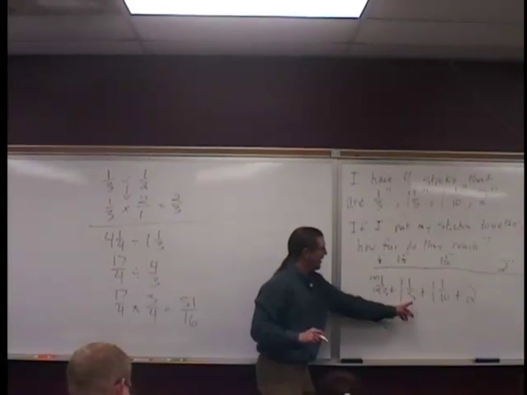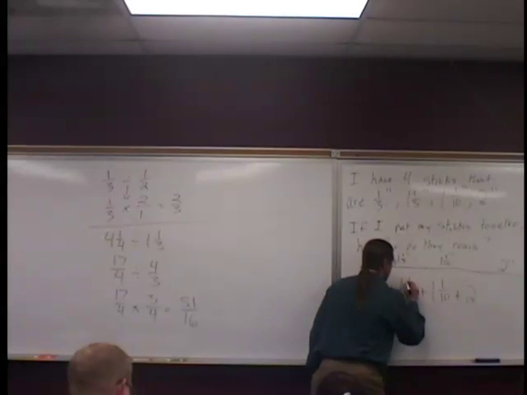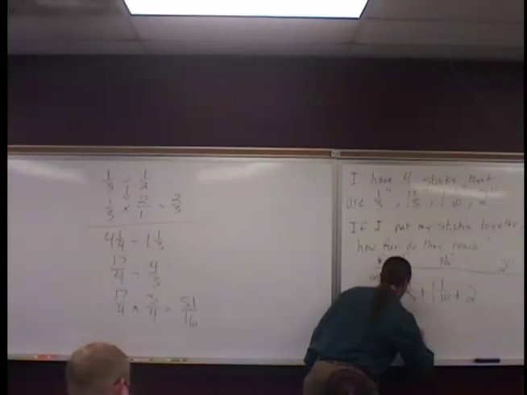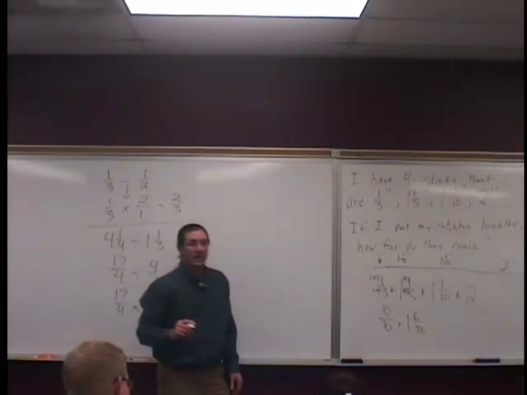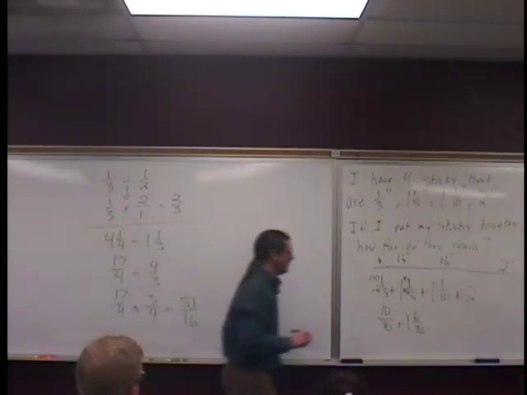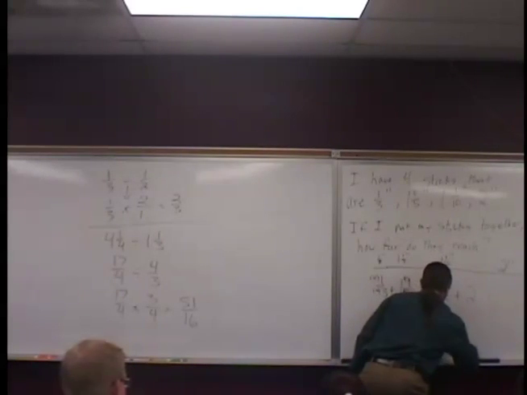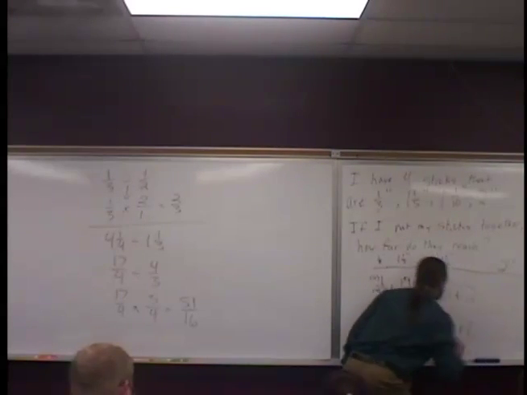What do I got to multiply 5 by to get to 30? 6. Again, this is why I write it down, so that you make sure you multiply the top and bottom of each fraction by the right number. This one's 3 and 3, so this is 1 3/30 plus 2.